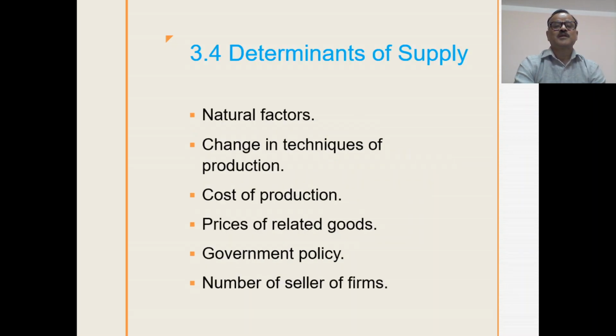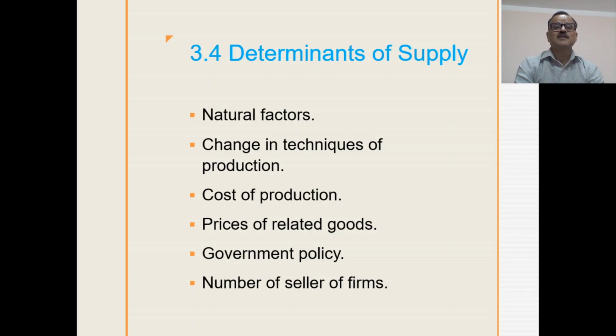Here, natural factor. Supply depends upon the natural factor. For example, nature gives us so many things, and all the things are not found everywhere.